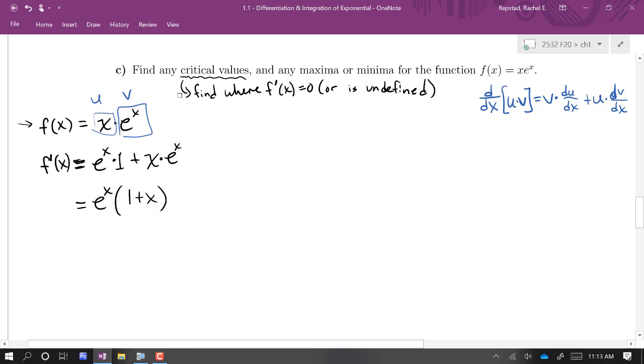So this is our derivative, and we want to know where it is 0 or undefined. There's nothing that makes it undefined, so we're just going to be concerned with where it is 0.